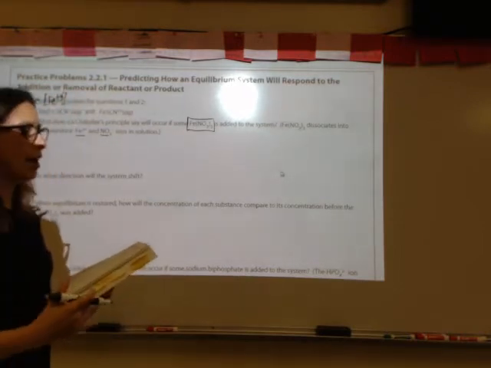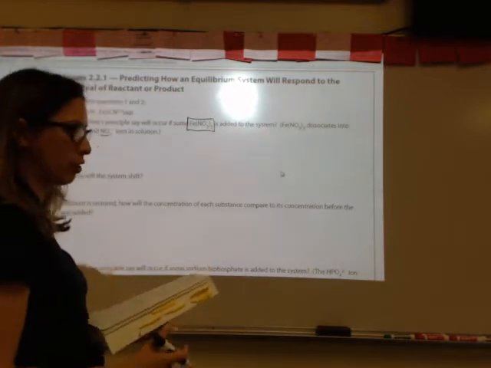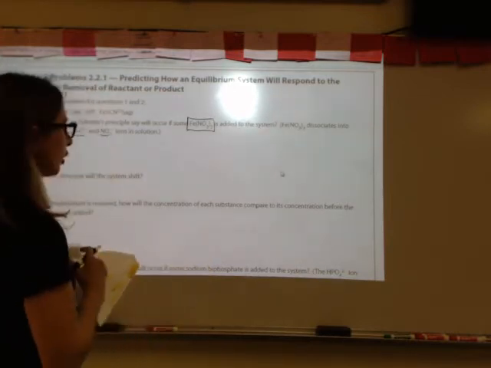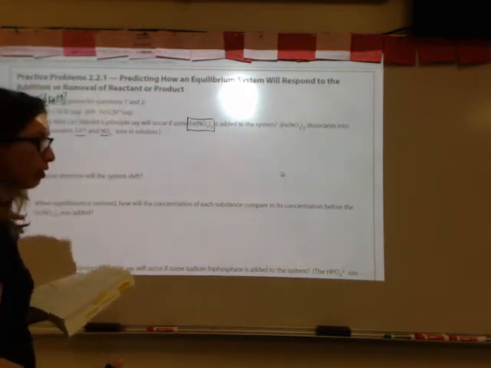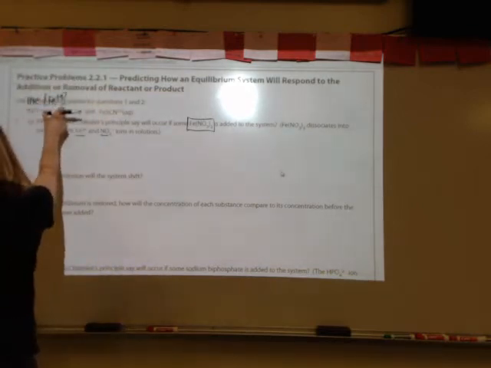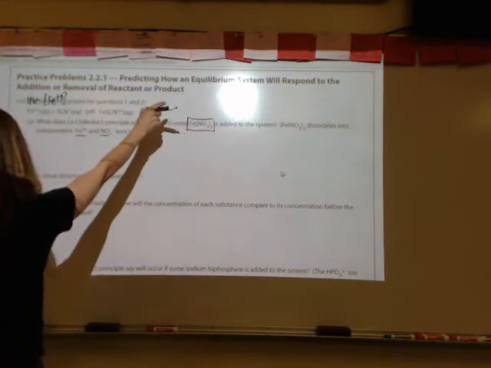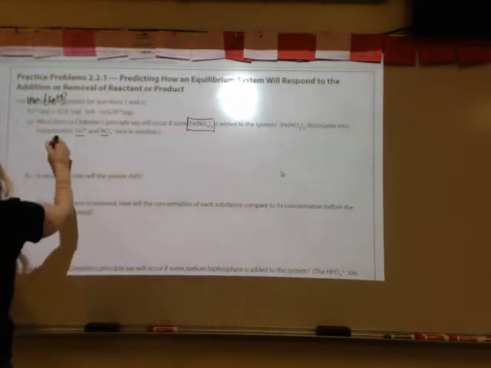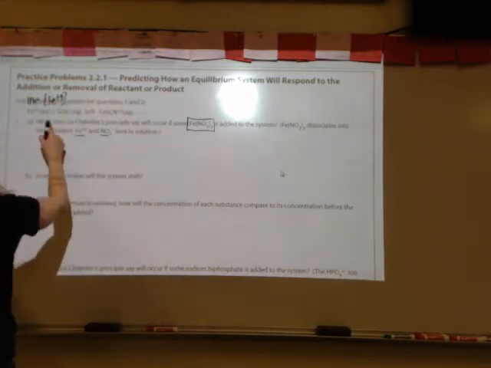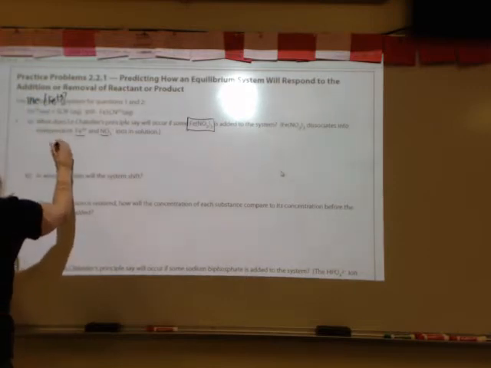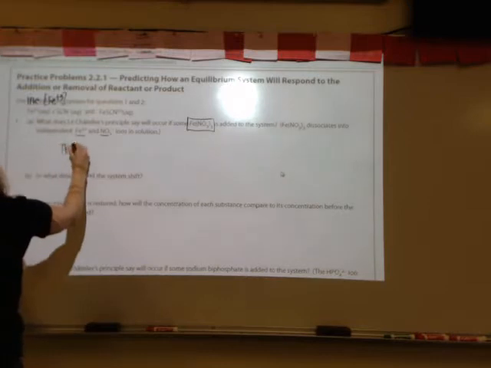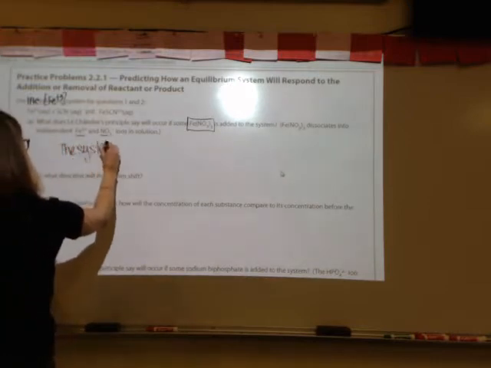I told you that if you increase the concentration of something, you want to shift away from it because you need to consume some of it. So in this case, we're going to be shifting to the right, and we're going to consume some of this Fe+3.